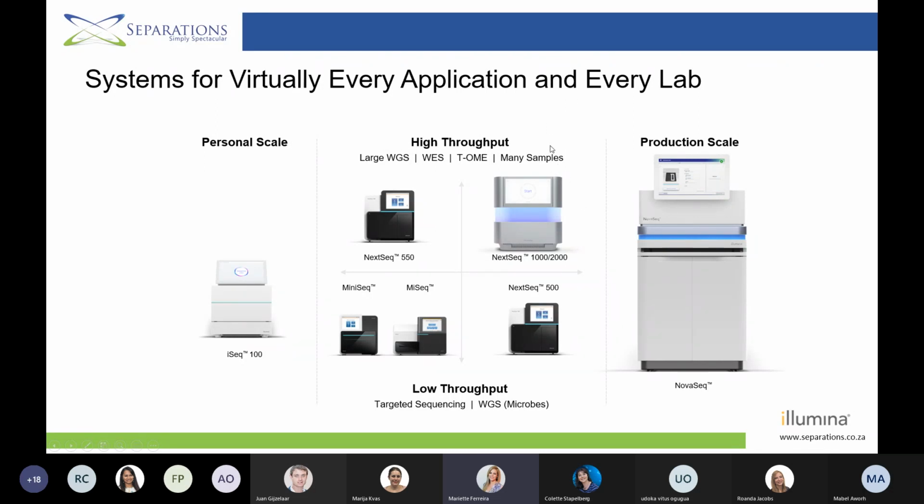For higher throughput methods, we can use instruments like the NextSeq 550 as well as the NextSeq 1000 or 2000. For personal scale, really low throughput applications, we can use the iSeq 100. And then comes the beast for production scale, which is the NovaSeq 6000.